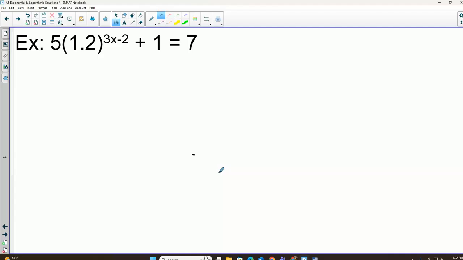What should we do first? Subtract 1. We have to get that exponential piece by itself. So the thing with the exponent, we have to isolate that. So if I subtract my 1, then what?